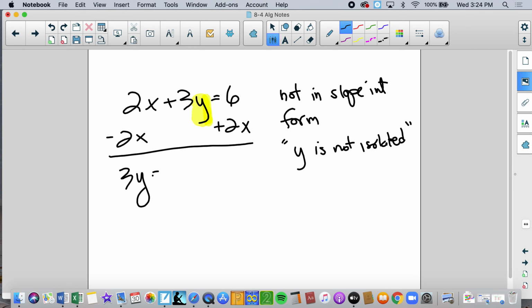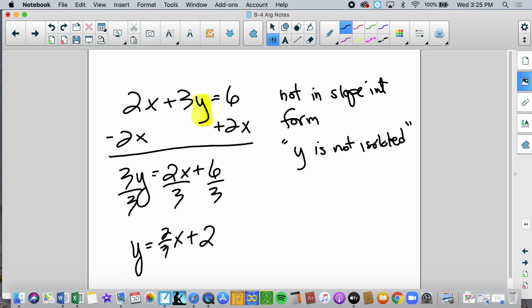That leaves you with 3y equals -2x plus 6. Now you see why I want variables first, because it needs to be in y equals mx plus b form, x coming first, then the constant. Now we have to get rid of the 3 multiplying, so we're going to divide everything by 3. That leaves you with y equals -2/3 x plus 2.